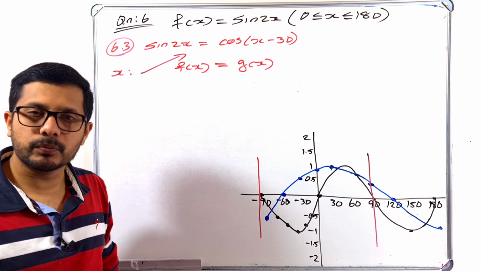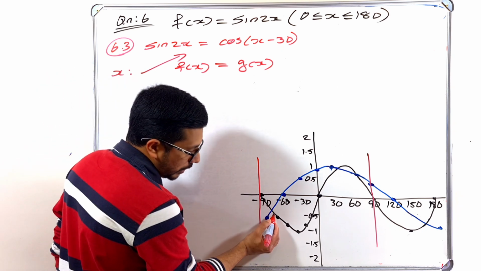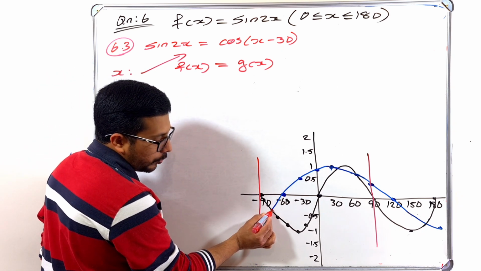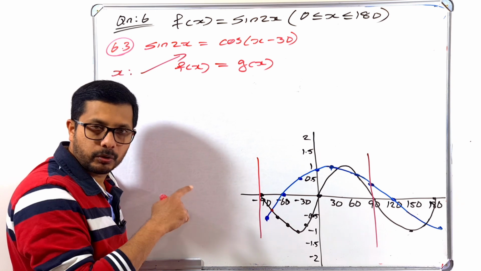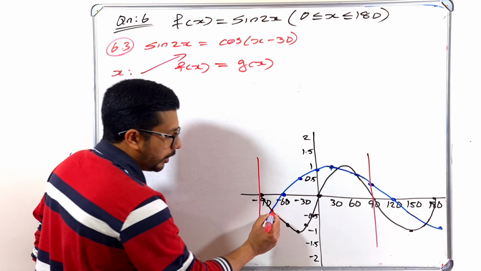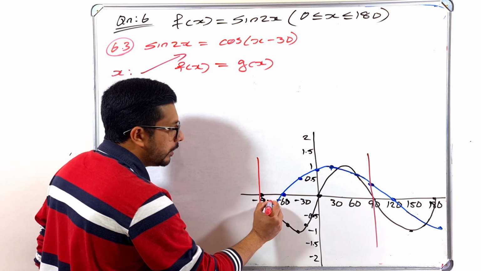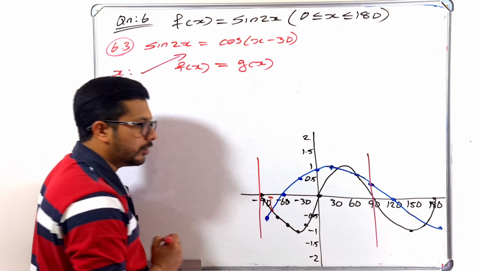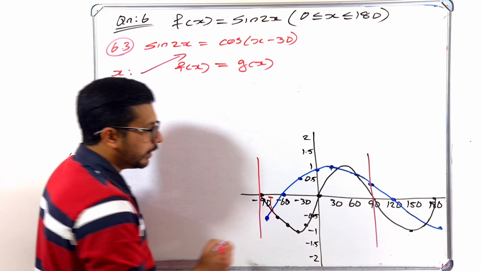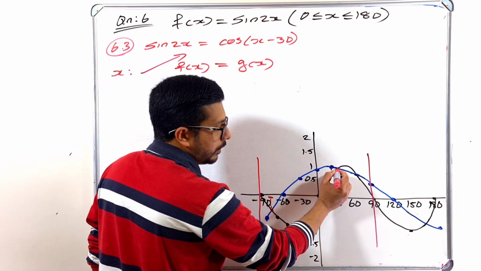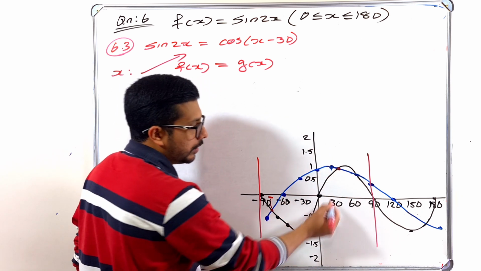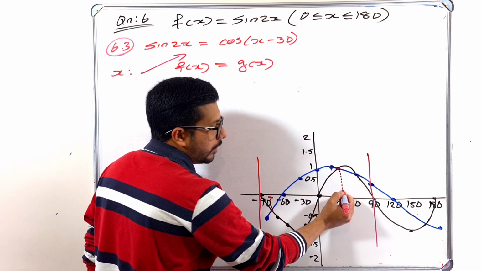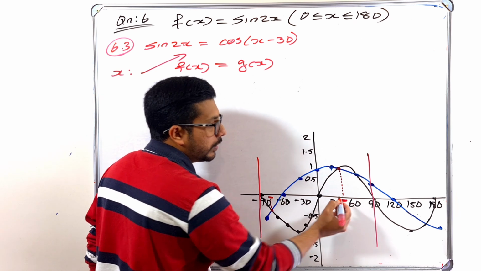Point of intersection of both the graphs means, look at this point. At this point, both the graphs are intersecting, crossing each other. So what is the x value at this point? That is the meaning of the question. Then there is one point here, and you have to find the x value of that point.